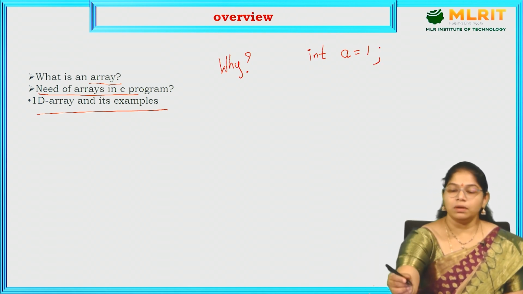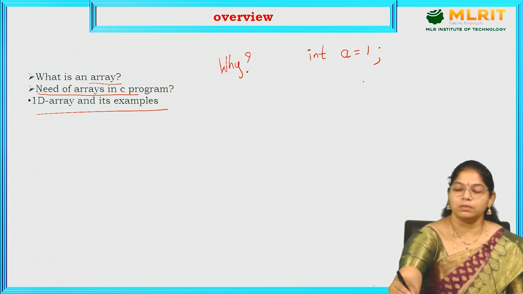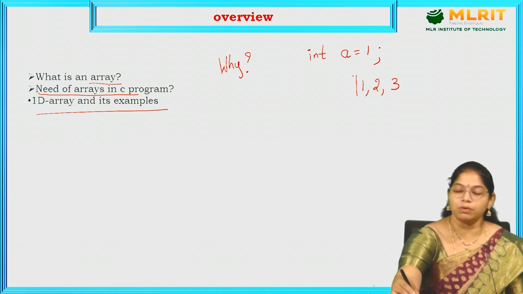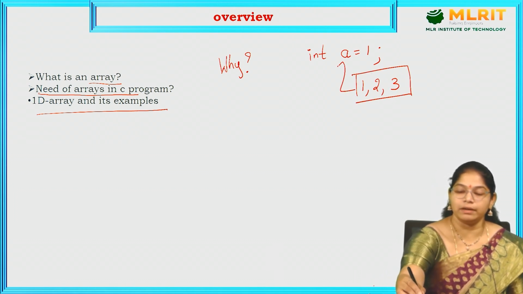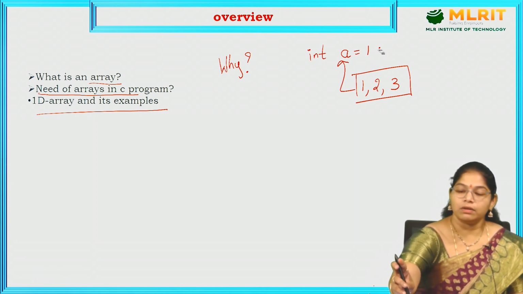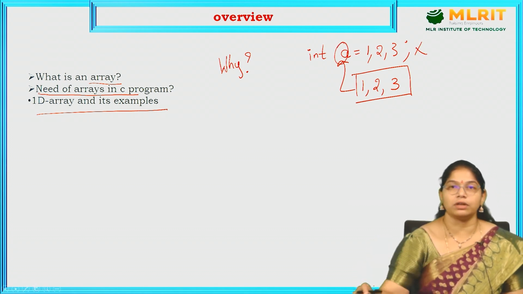So now I want to store integer values 1, 2, 3. Is it possible to store this data in the variable a? Can we write 1, 2, 3 in a single variable, that is a? No, this is not allowed.